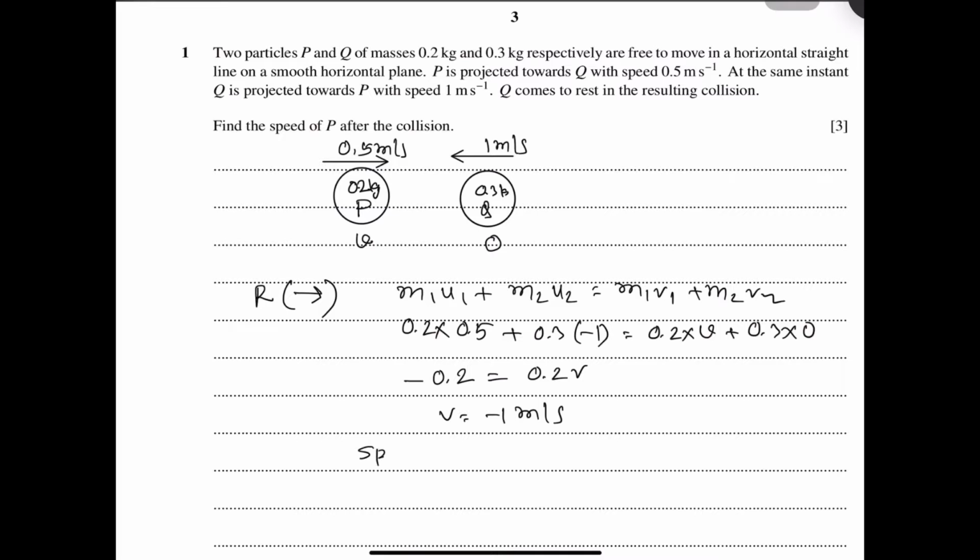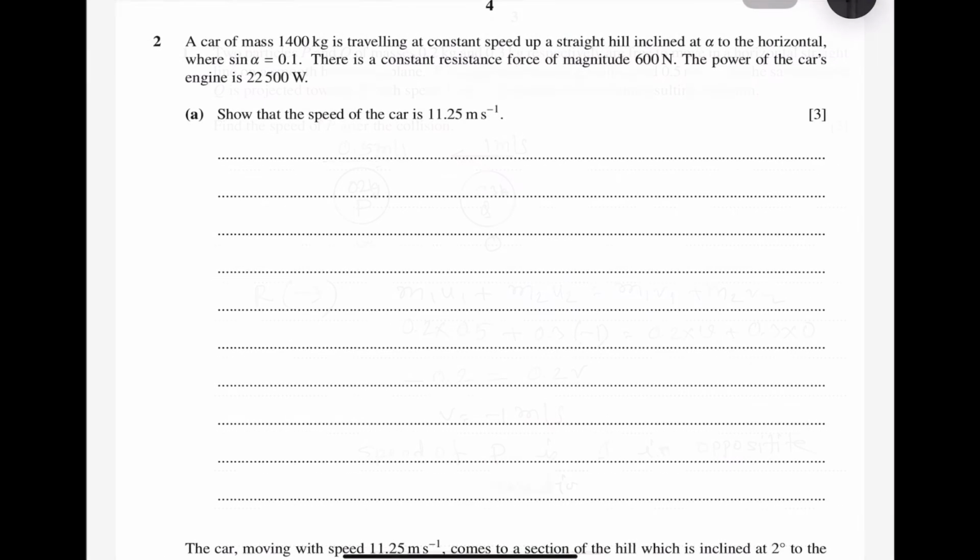So speed of P is 1 in the opposite direction. Now see question number 2.